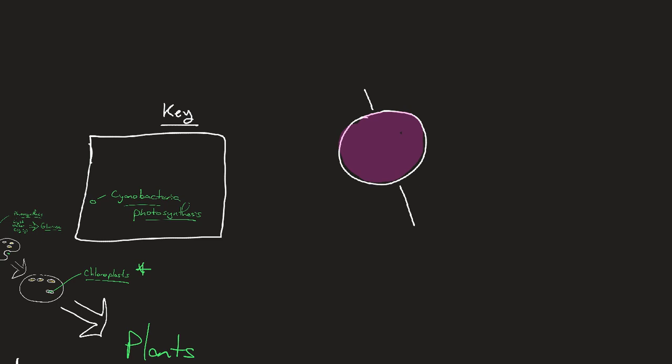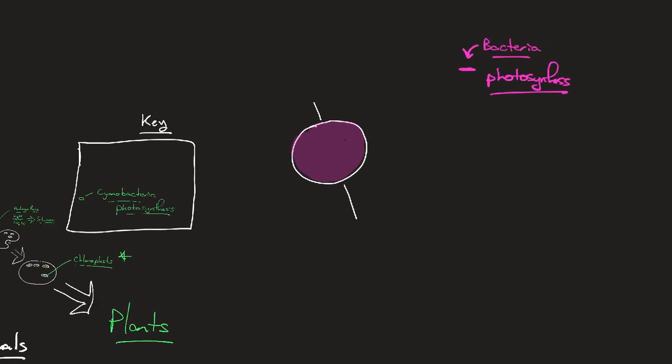That's because there are these little purple bacteria that do photosynthesis. In a weird way, they don't produce oxygen very well, but they do photosynthesis. They make sugar from light.